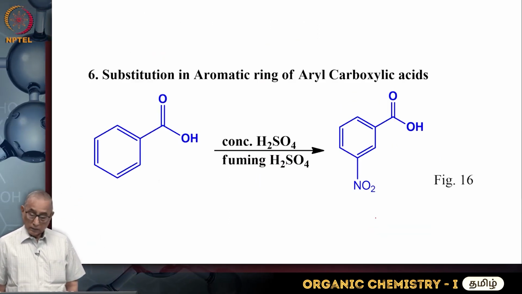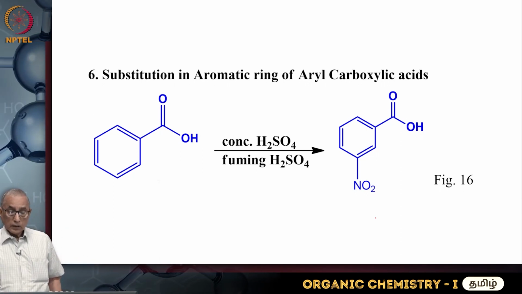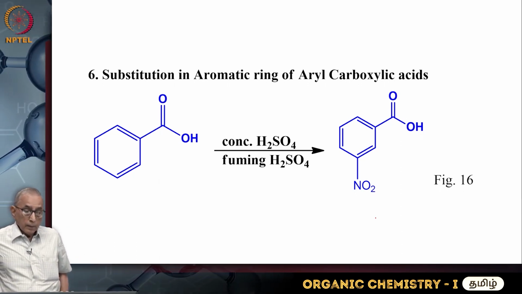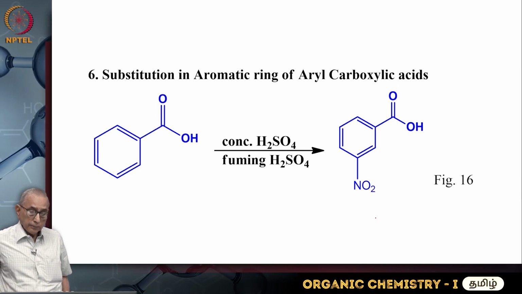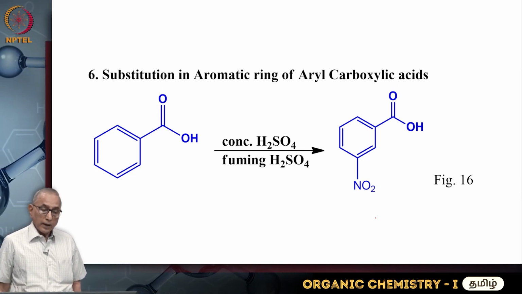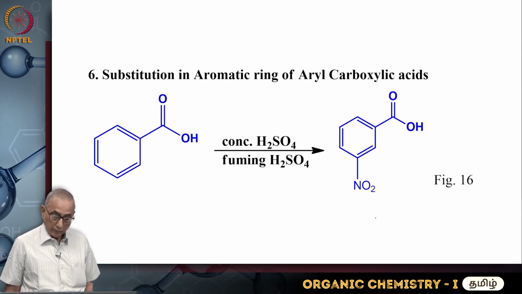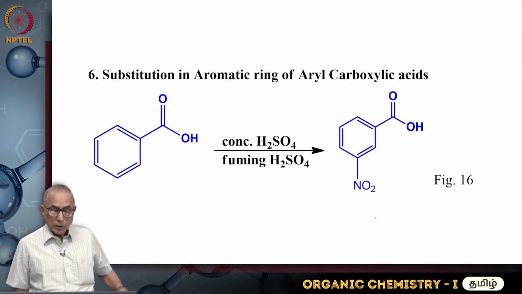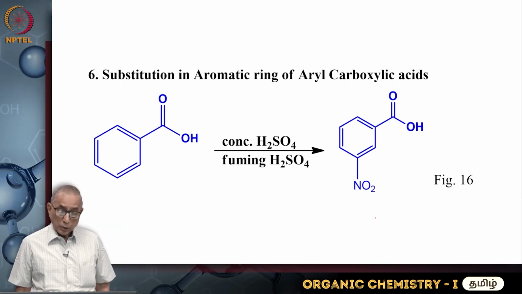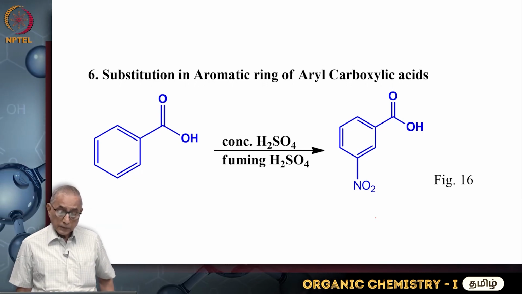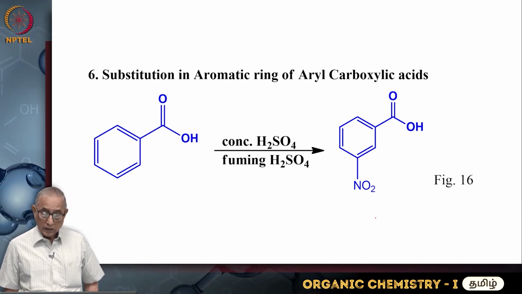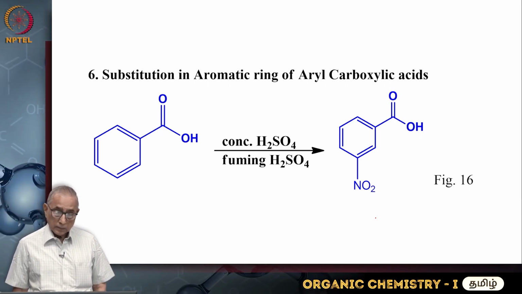Now, we have seen the reaction of the carboxyl group, the functional group COOH. Next is the reaction of the aromatic ring. Substitution can take place in the aromatic ring. In aromatic substitution, you usually have the substituent entering in the ortho and para positions or the meta position. So, ortho para orientation or meta orientation.